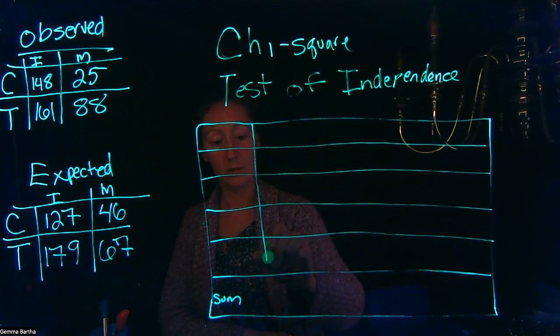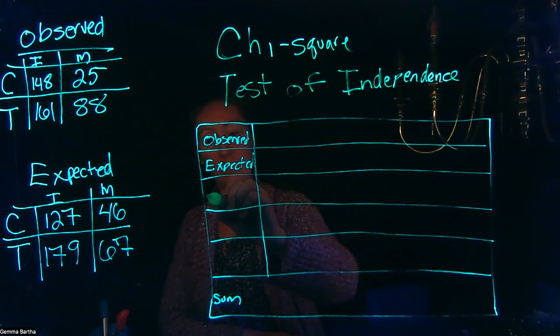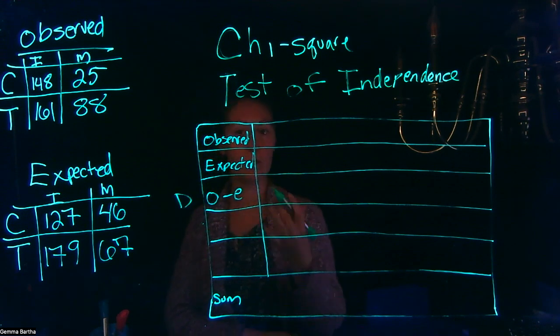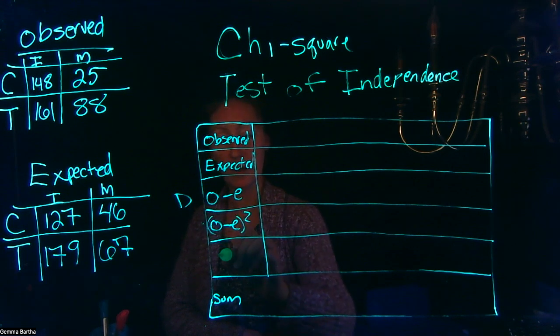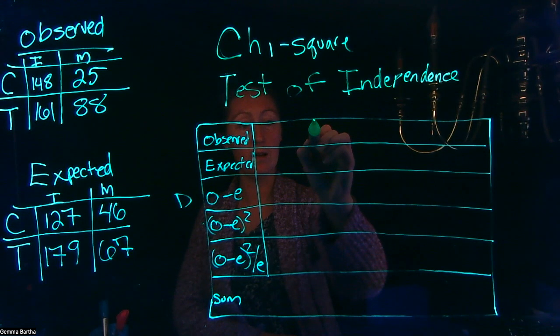All right, so we're going to do that. So this is your observed, expected, observed minus expected. This is also called D, or your deviation. Observed minus expected squared, and then observed minus expected squared over E. Now you have categories, right?